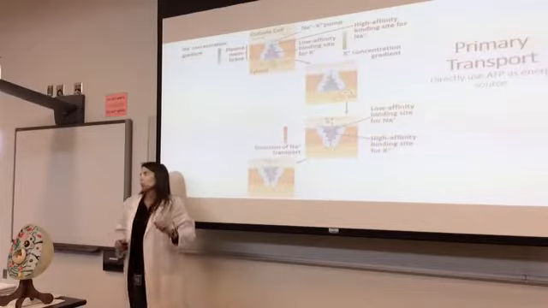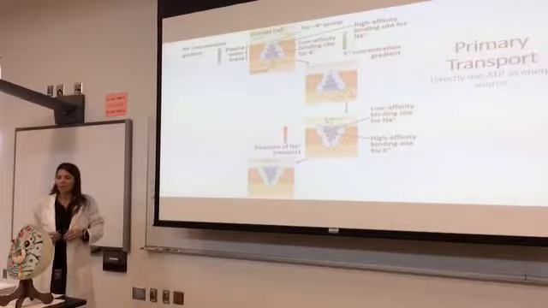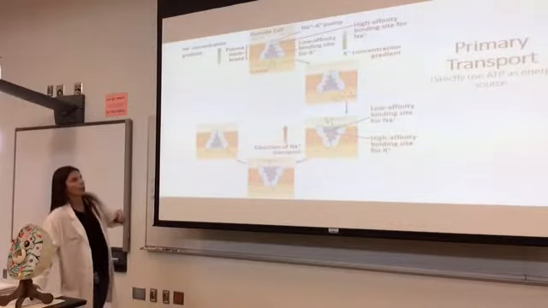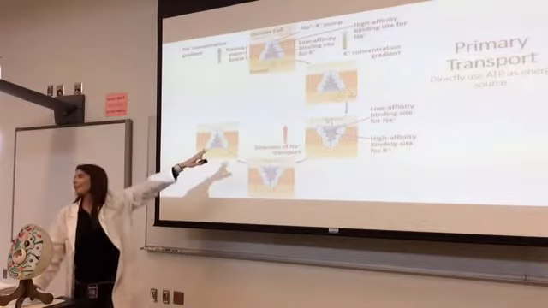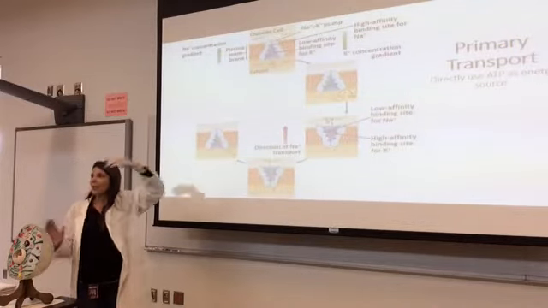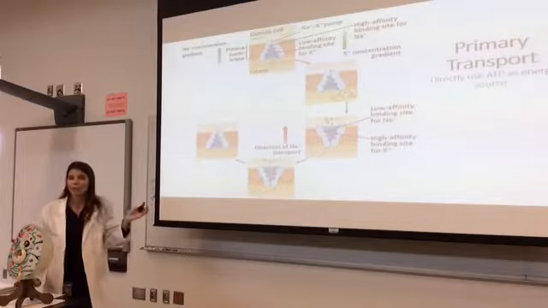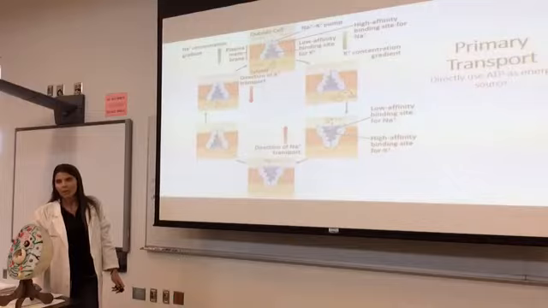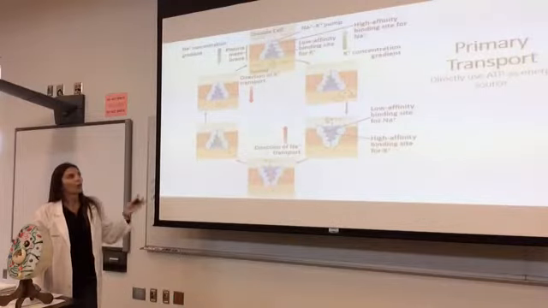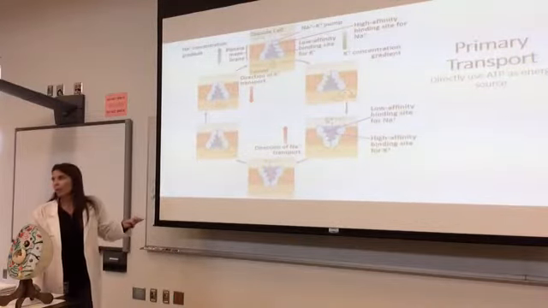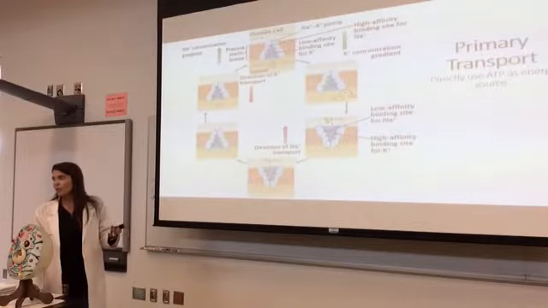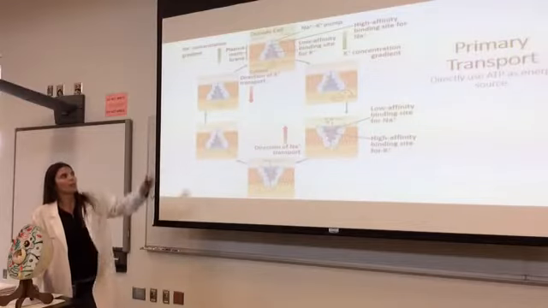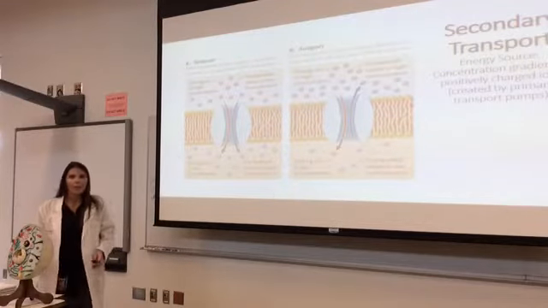It's still active, from low to high. Again, it would have used that same ATP from the other because they're happening at the same time. And then that potassium comes in. I wanted to go through that slowly instead of throwing it all up there at one time. I wanted you to see how you can distinguish between active and passive transport just by using the information you've been given.